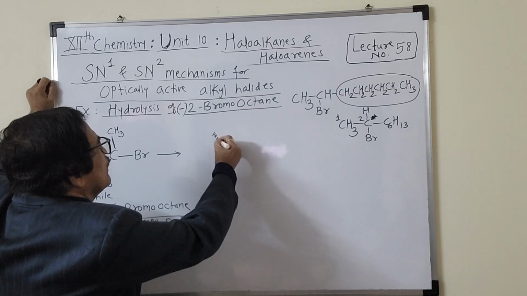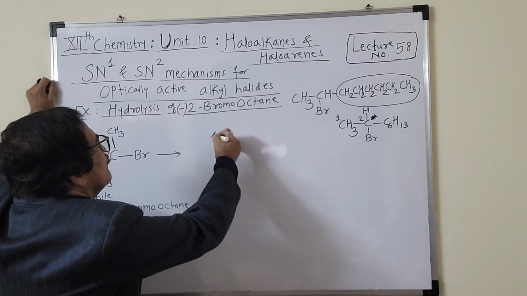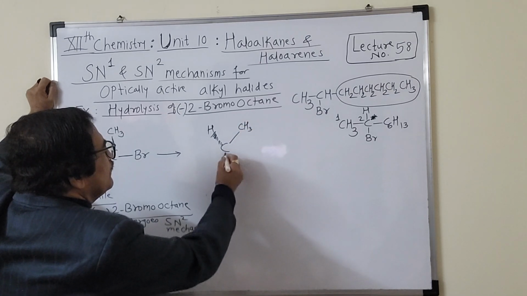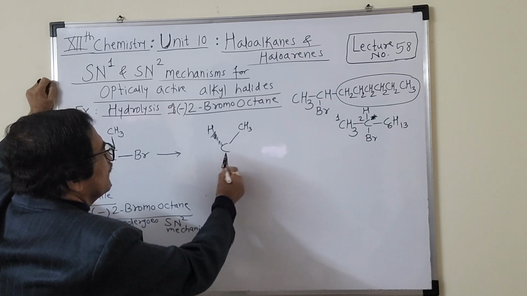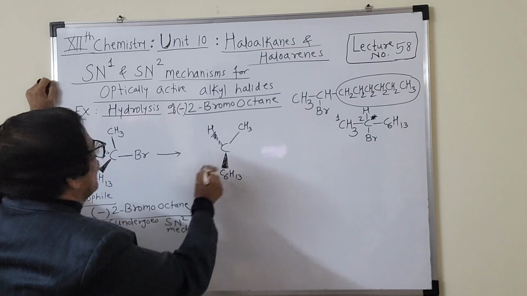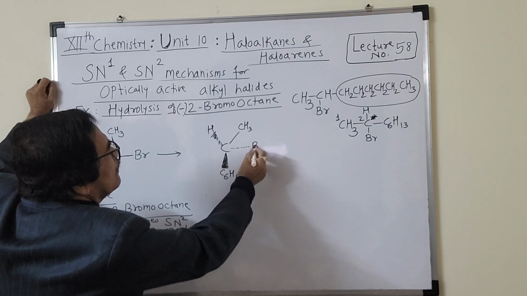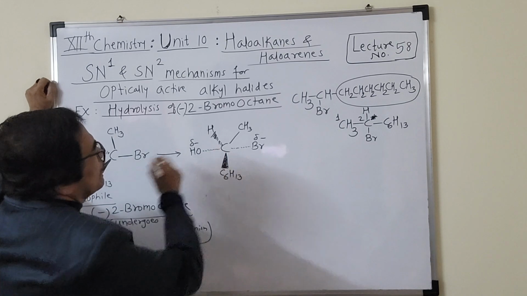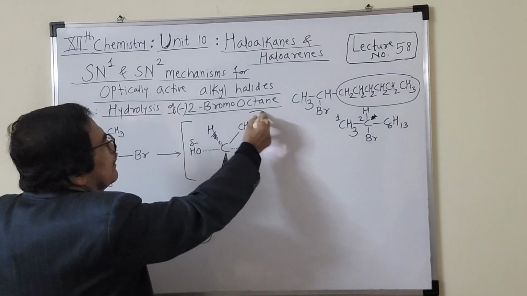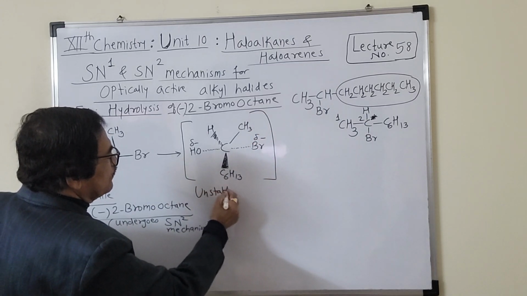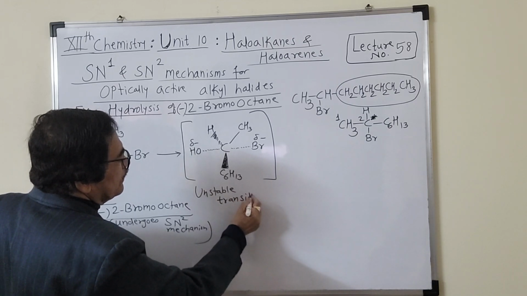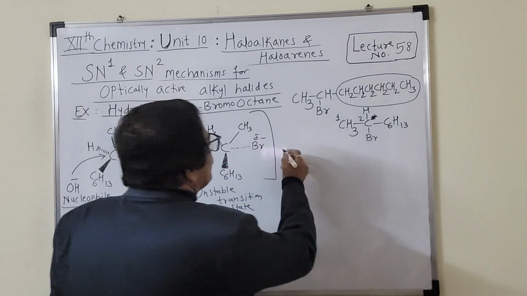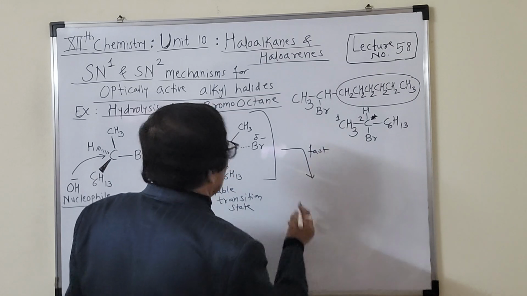This carbon is there, then hydrogen, then CH3, and another is C6H13. Now this bond will be broken simultaneously, with Br delta minus, and OH will be there with delta minus. This bond will get formed simultaneously. But this is very, very unstable. This is an unstable transition state. Now when Br is completely lost in the second part of that reaction, the whole thing will reverse.